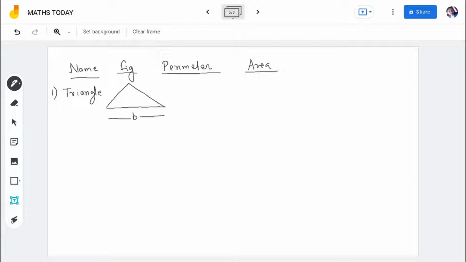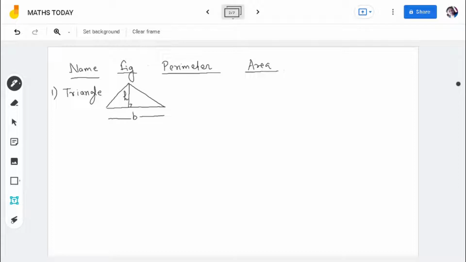The perpendicular distance between the base and its opposite vertex is known as the height or altitude of this triangle, and let's denote it by h. To find the perimeter, we must know the lengths of all its sides.